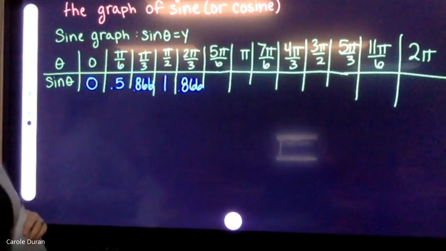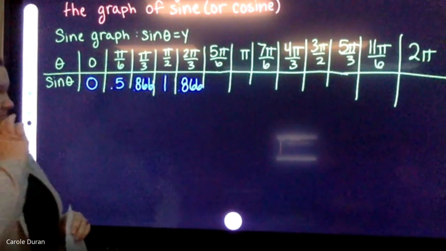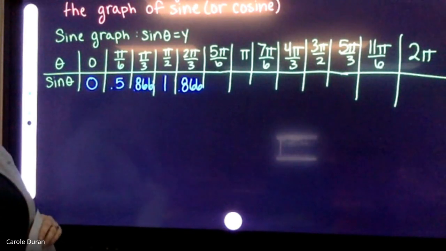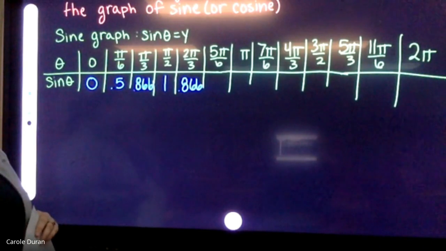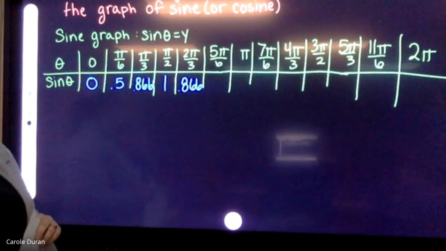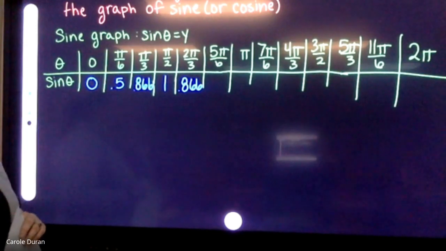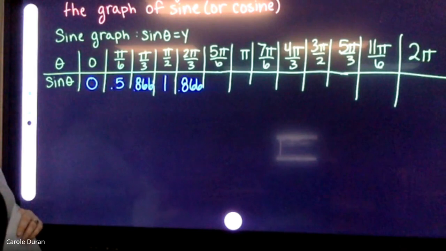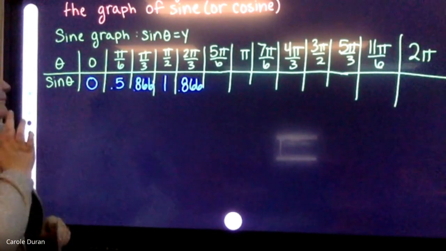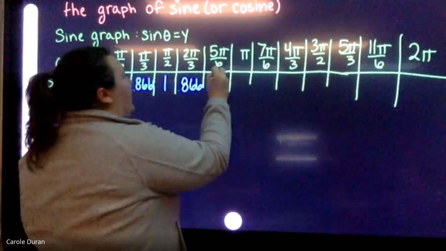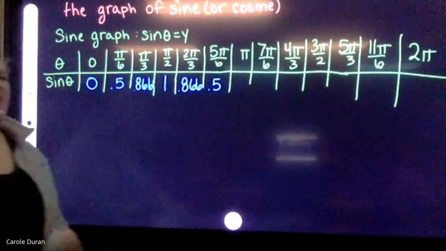Cassie, what's 5 pi over 6 going to be? Chandler, help her out. 0.5. Yes, just 0.5. You should just do sine of 5 pi over 6, or 5 pi divided by 6.